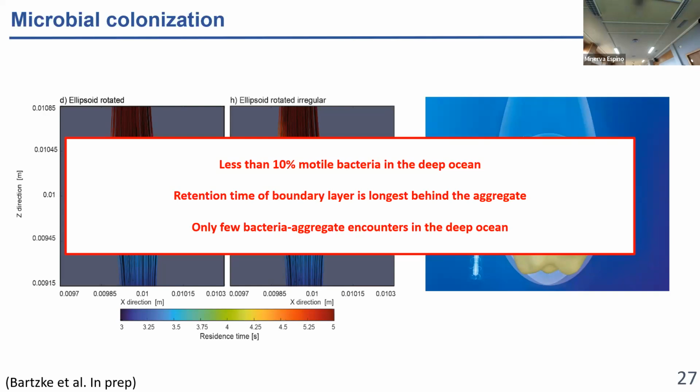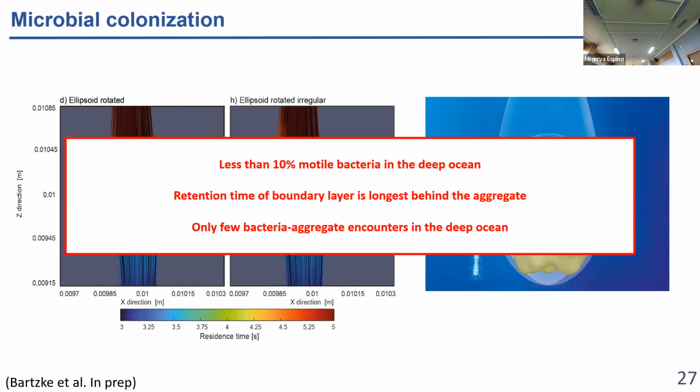And when we really calculated, for an aggregate to sink through 1,000 meters of water column, depending on the aggregate size and settling velocity, it's only a few percent of the total abundance that could actually exchange between the free water and the aggregate in the deep ocean. So it kind of makes sense, because it's only 5% of the total abundance that could be new or colonized. We wouldn't really see it statistically anyway. So we're not excluding that it happens, but it doesn't seem to be significant.